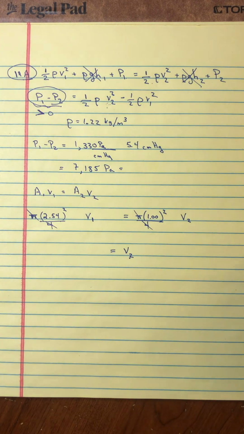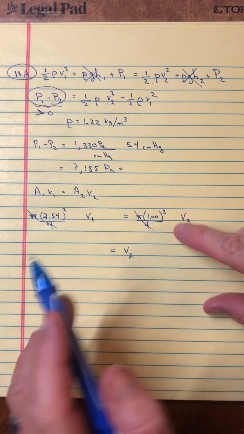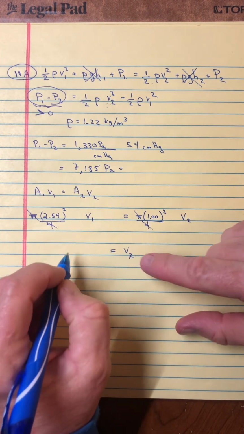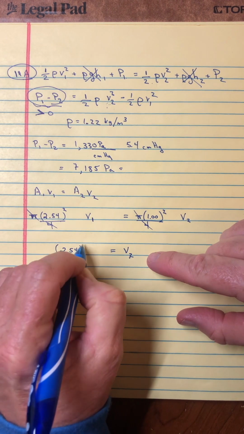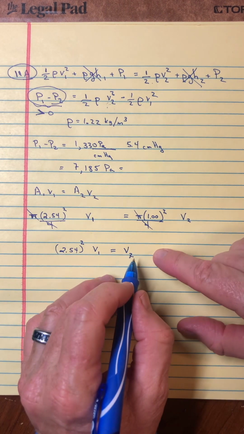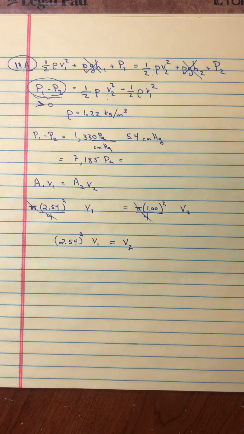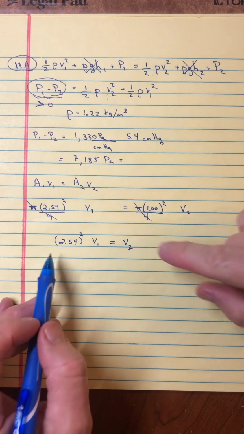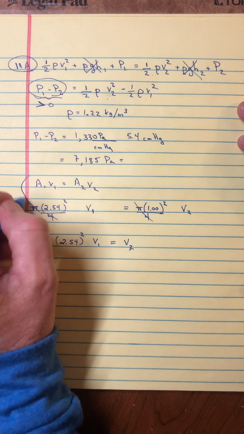Okay. These numbers were nice because a 1 squared is just a 1. So it looks like all I really have is 2.54 squared times V1 is V2. So after all that thinking about units and looking like it was going to get hard, it actually fell into something easy. So again, this is our flow rate.